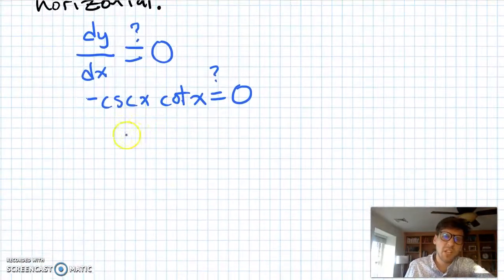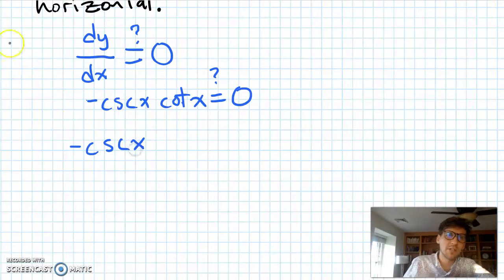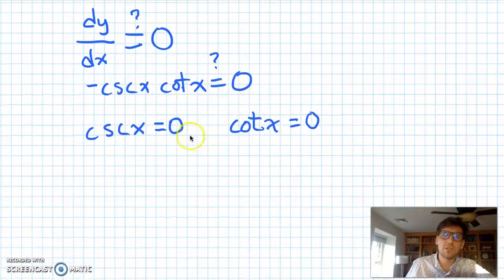We could use the zero product property. We don't even need the negative there, because negative 0 is still 0. Where is cosecant of x equal 0? And where does cotangent of x equal 0? Because at both of those values, it would satisfy this equation and make the slope 0.